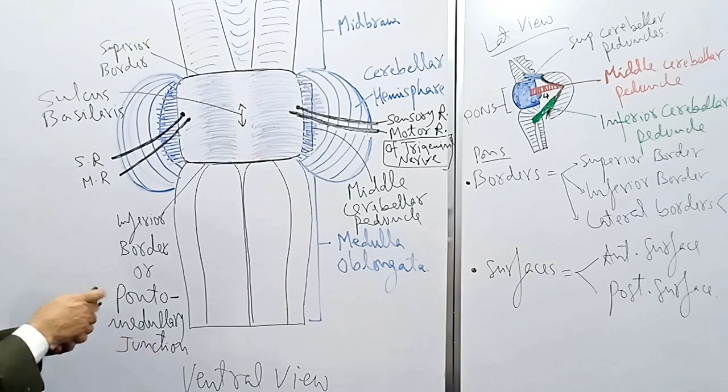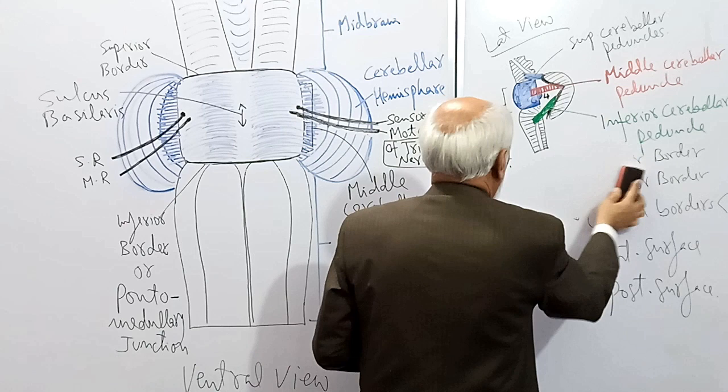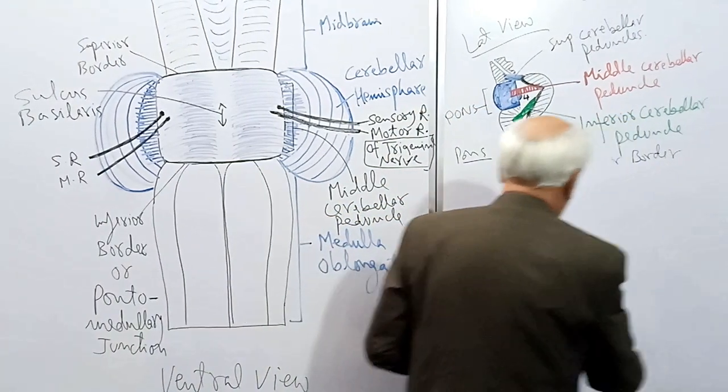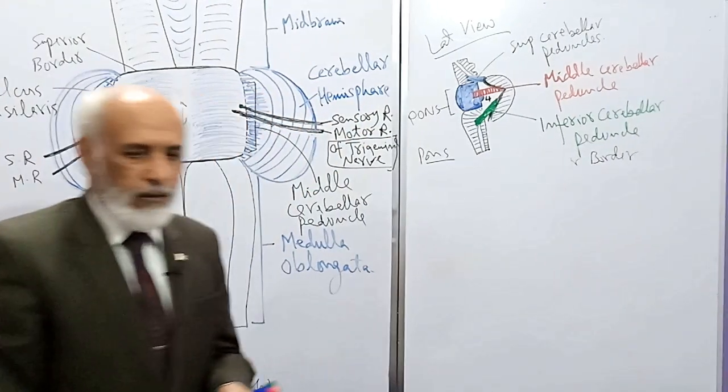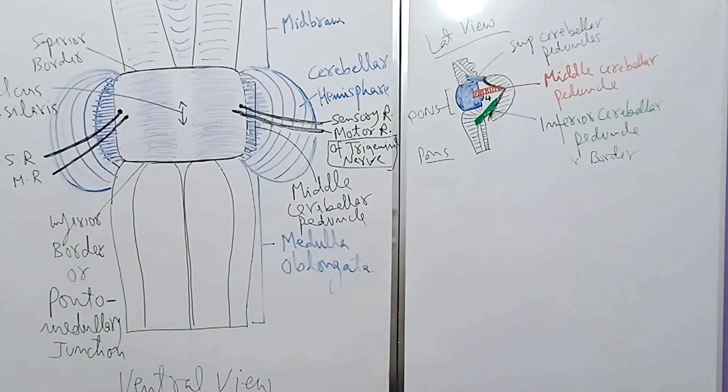Now, I'll explain in this diagram. I'll draw the ventral aspect of the brainstem again.